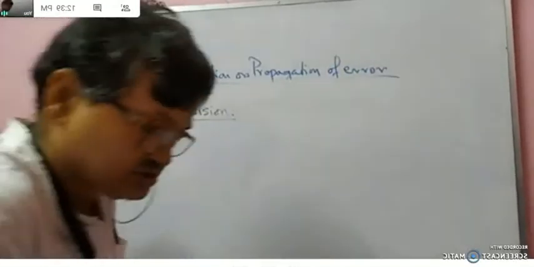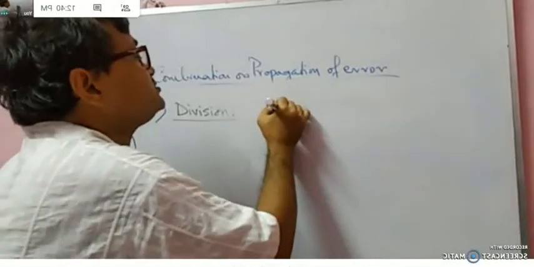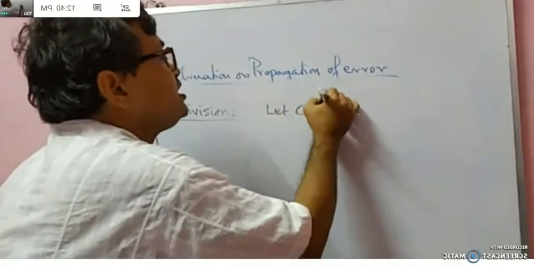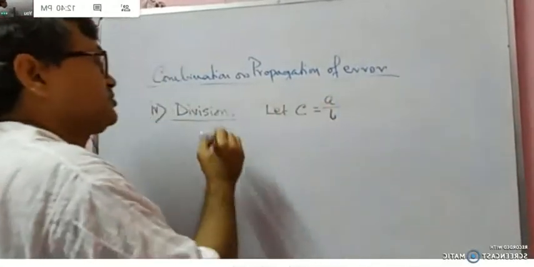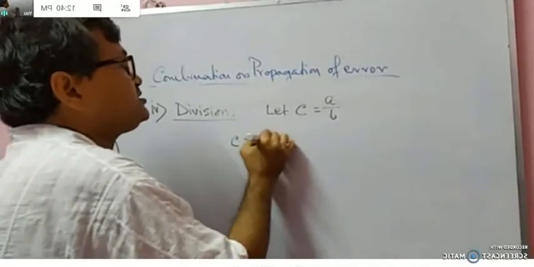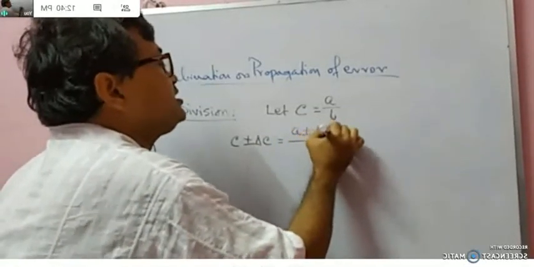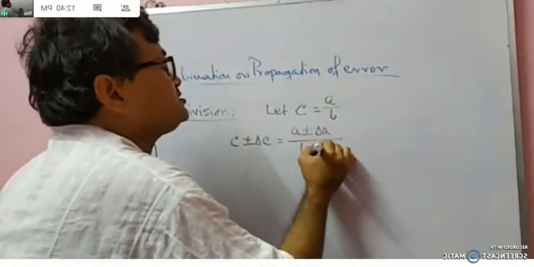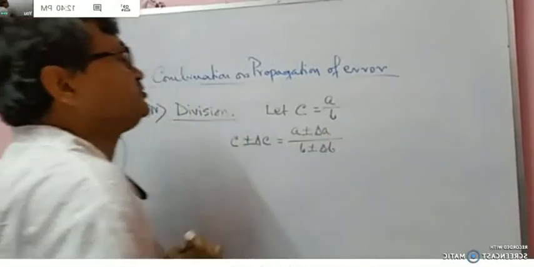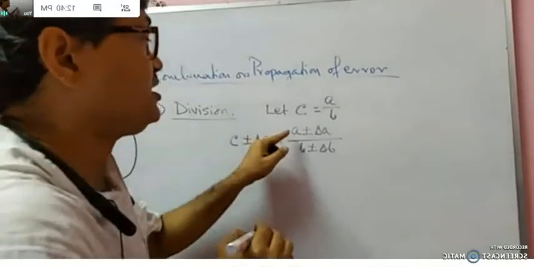The rule is the same, only now let C equal to A by B. Therefore, C plus minus delta C will be equal to A plus minus delta A by B plus minus delta B. Take A common from here and B common from here.